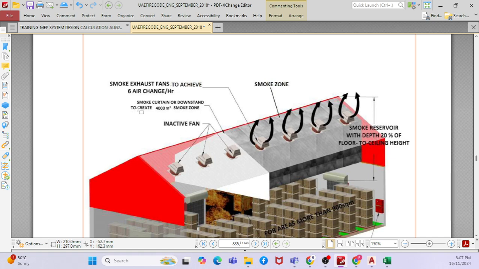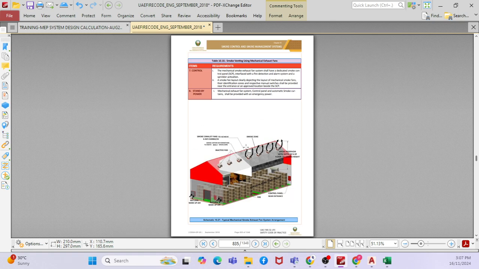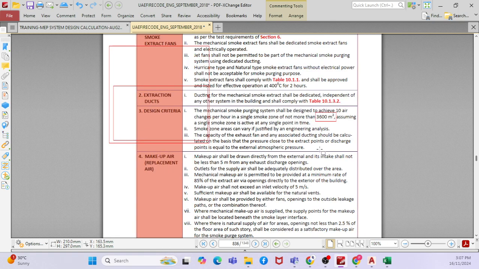See this panel, can you see here the smoke curtain or down stand to create 4000 square meters. Every 4000 square meters you have to provide a down stand. That is also given in this particular code.